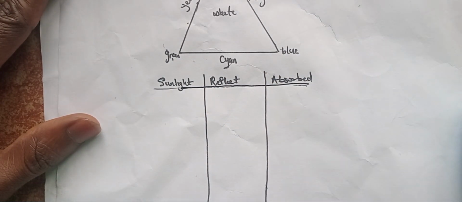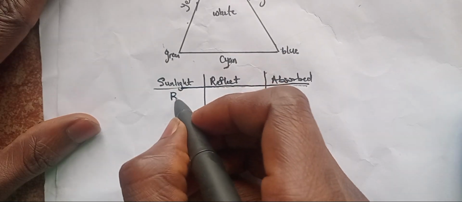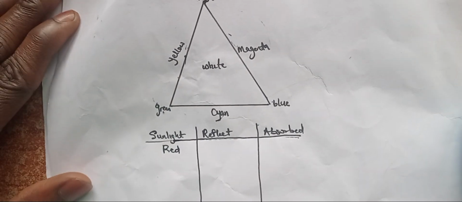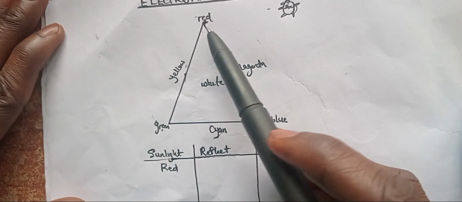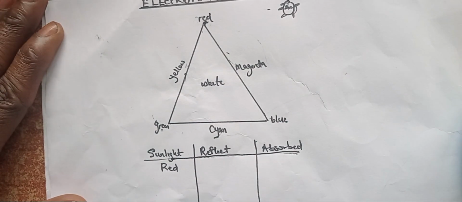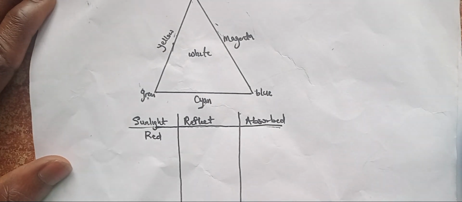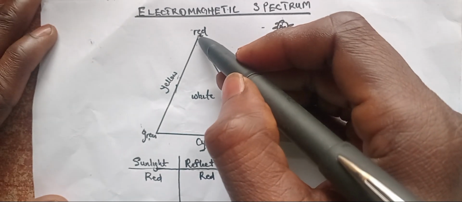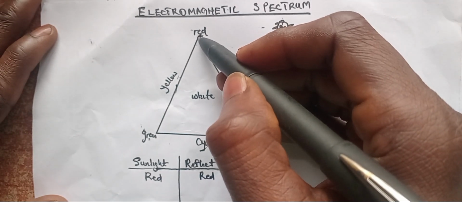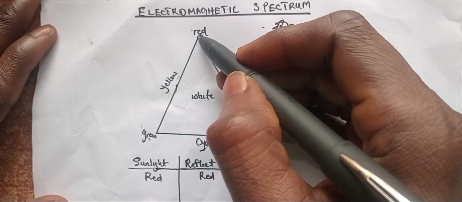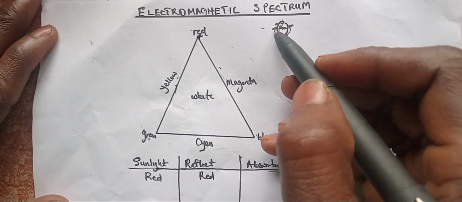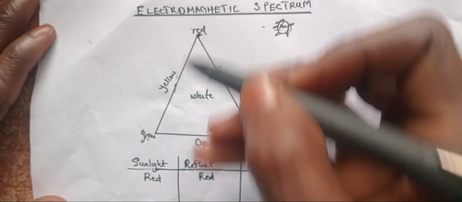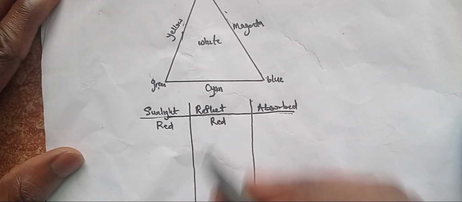So the red color, let's say the red sunlight here, if the red sunlight strikes this place, it will only reflect red back. So we are going to have red here, because if you see the point, you only have a tiny point here, which is normally called an edge. If light strikes this edge, it only reflects red.